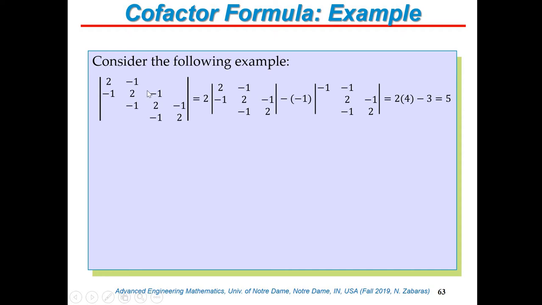So if you expand on the first row, you're going to have 2 times a 3x3 determinant, and then minus the minus 1 times, if you get rid of the first row, second column, you have minus 1, and this 2x2 determinant.